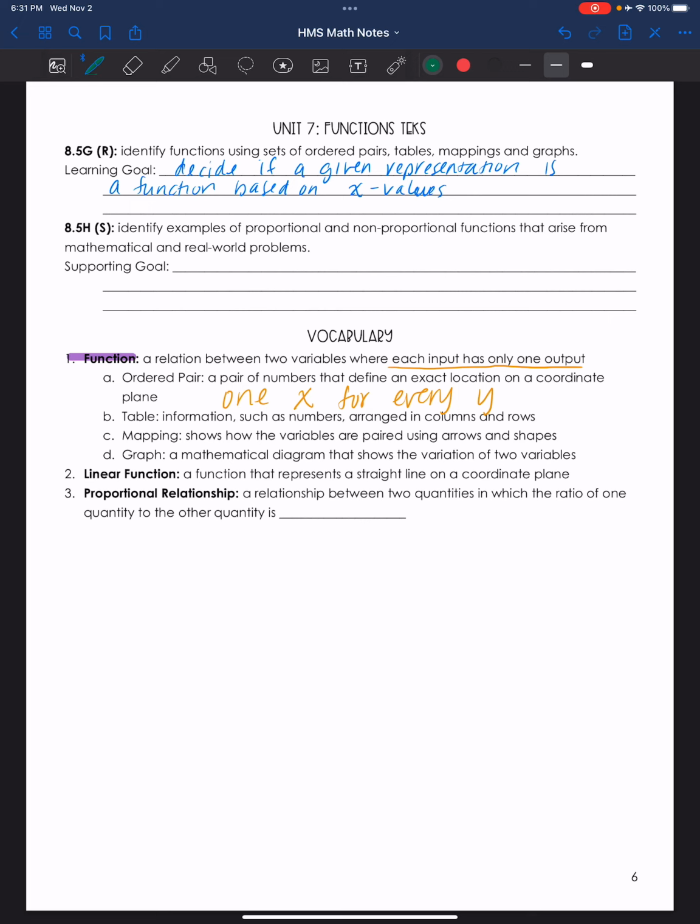So 8.5H: identify examples of proportional and non-proportional functions that arise from mathematical and real-world problems.